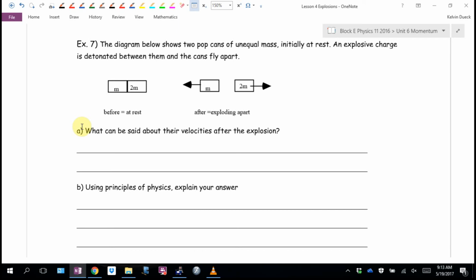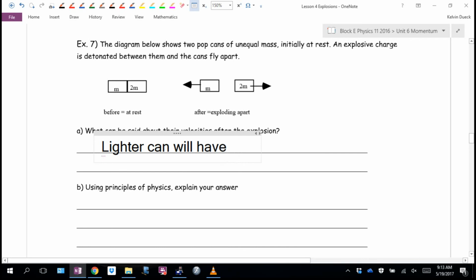You okay with that? Patrick is saying the lighter can will have twice the velocity. You okay with that?